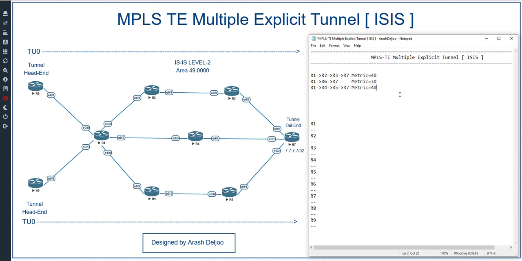Because of that, if R1 receives traffic with the destination IP of router 7, normally R1 should forward the packet to router 6, because this is the best path, and router 6 should forward the packet to router 7. This is the normal IP routing, the normal forwarding.